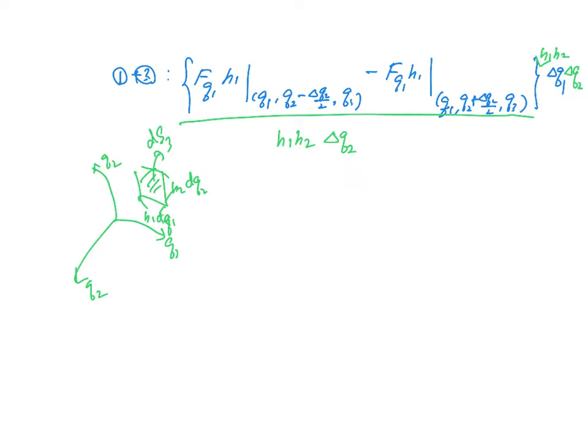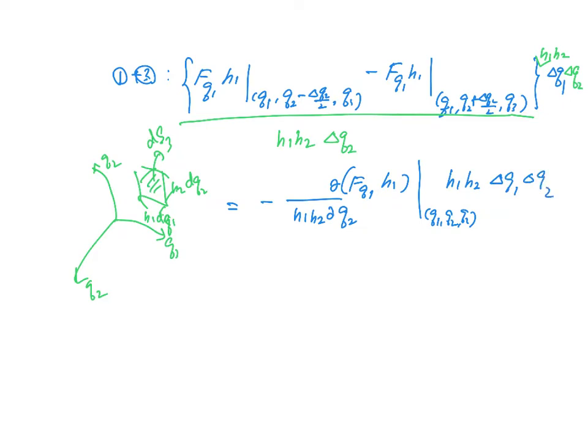Then everything is simply minus 1 over h1 h2 times partial over partial q2 of f_q1 h1, evaluated at q1, q2, q3, with h1 h2 delta q1 delta q2.